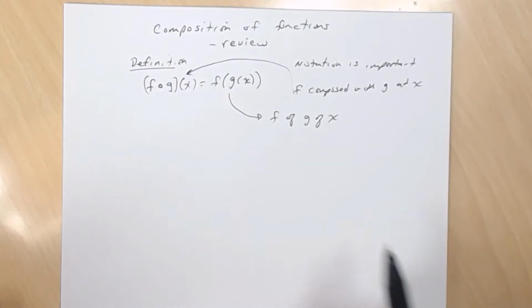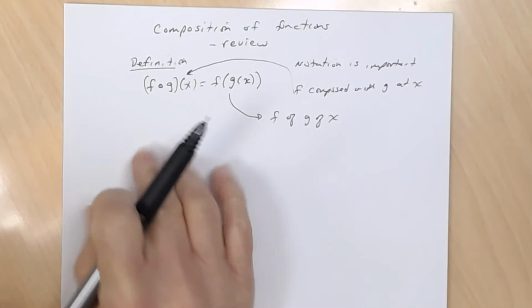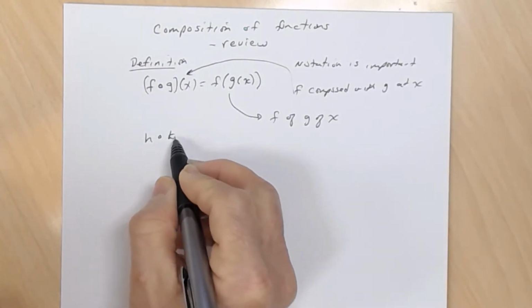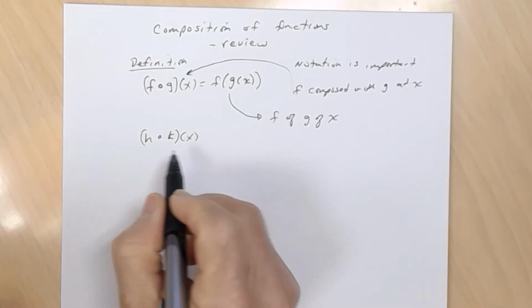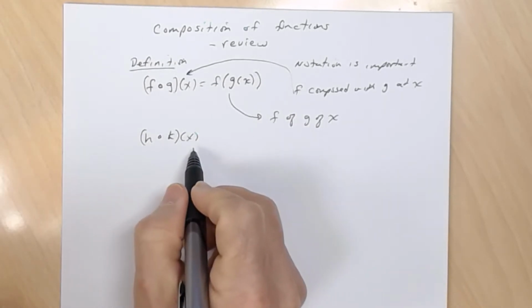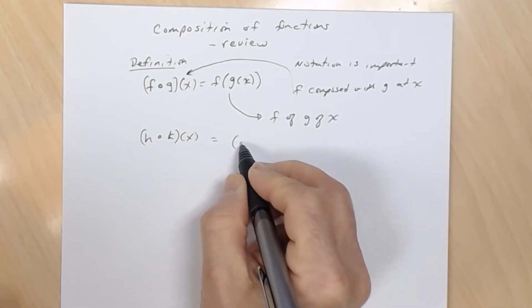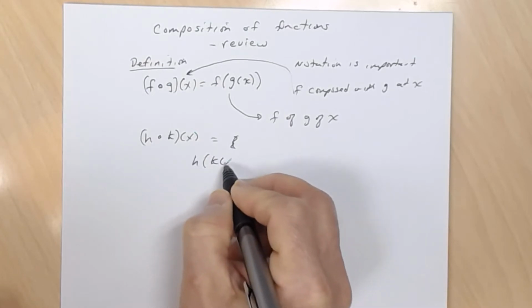Now, for example, let's see if you can go further with this definition. Suppose you had h composed with k at x. Do you know how to write this? Make sure you know how to write it. The h is listed first, so that goes first. That will be h of k of x.